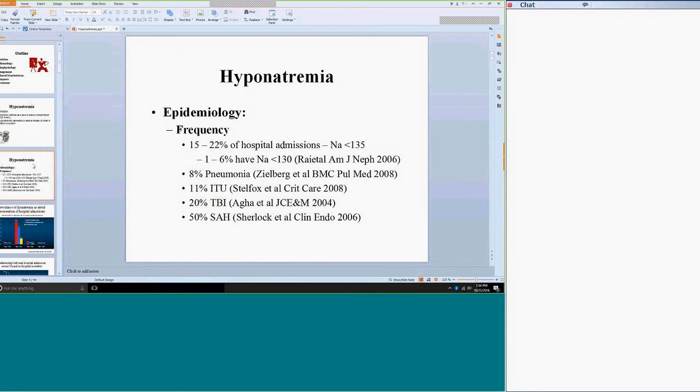If you look at subarachnoid hemorrhages, 50% of them in neuro ICUs have low sodium, as compared to a community hospital where you are seeing less severe admissions, and you may only have 5% of patients.